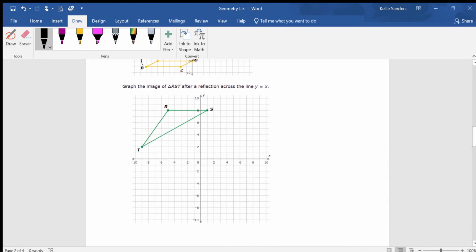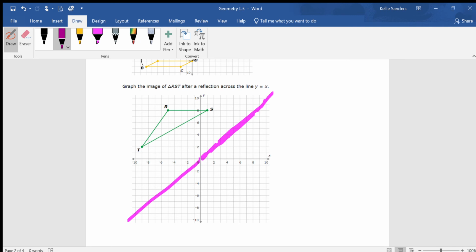Okay. Y equals x. If you recall in Algebra 1, y equals x is this line right here. It splits the first quadrant and the third quadrant in half. I can't even talk today. So that is y equals x. So think about this being on a piece of paper, and if you fold the piece of paper along the purple, where would S end up?